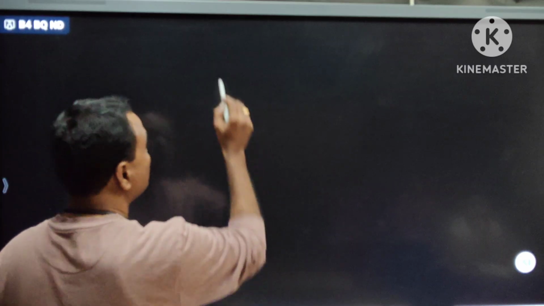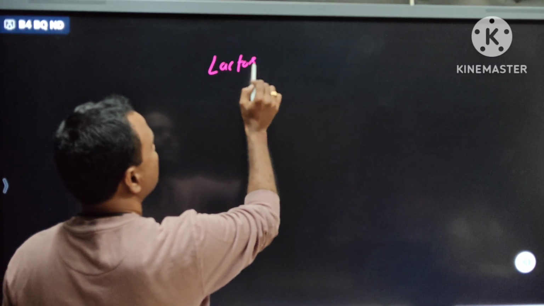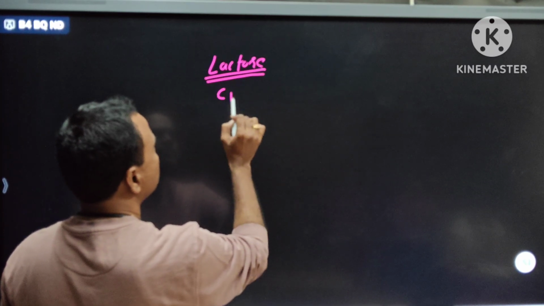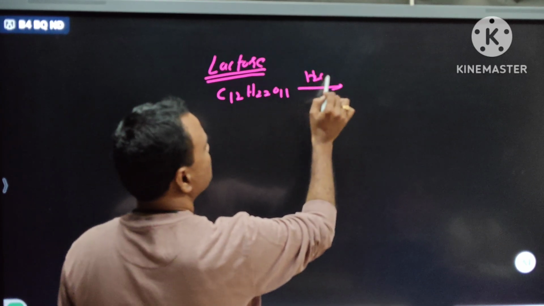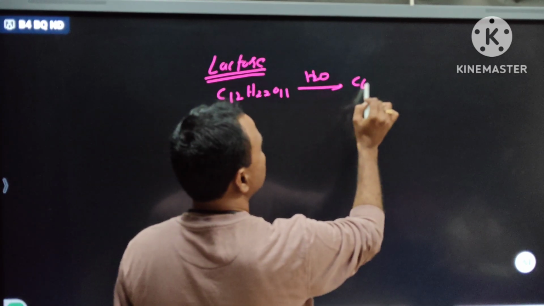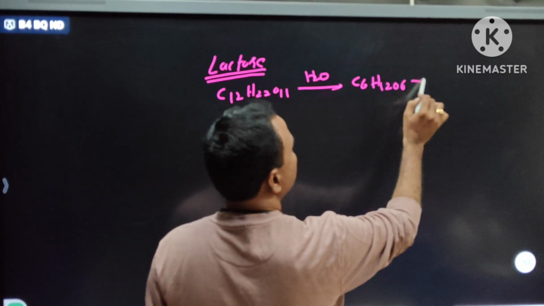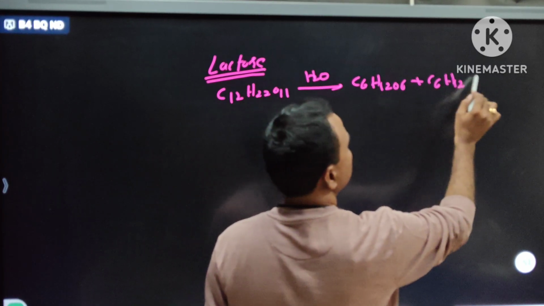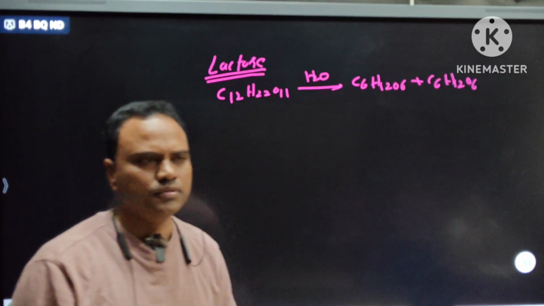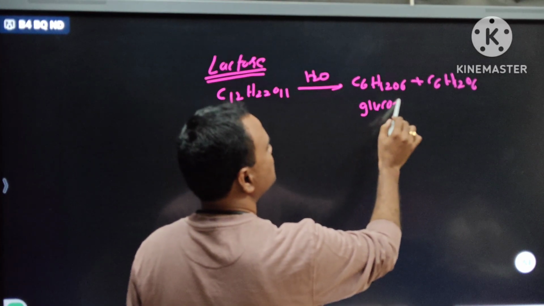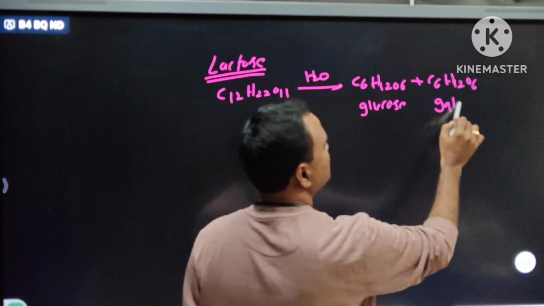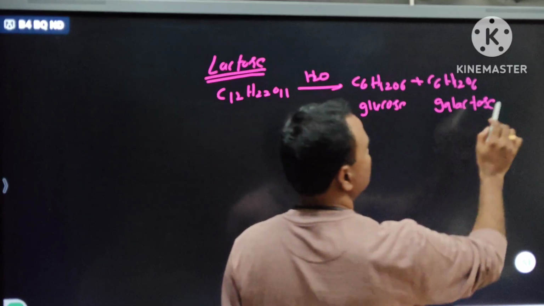Sucrose, maltose and lactose. The lactose formula is the same, C12H22O11. C6H12O6 plus C6H12O6, glucose and galactose.